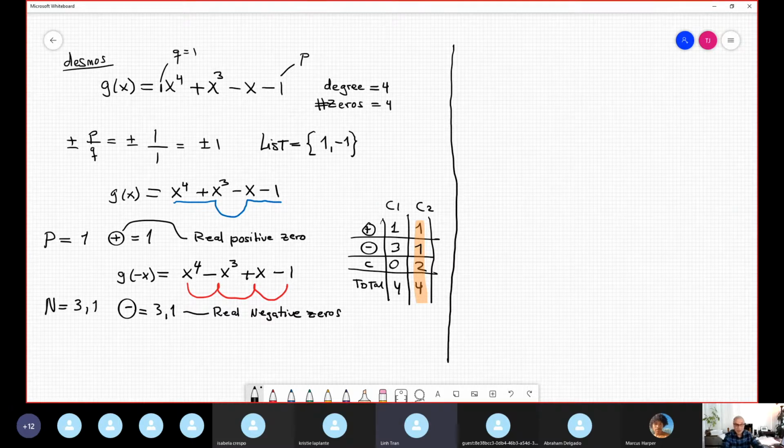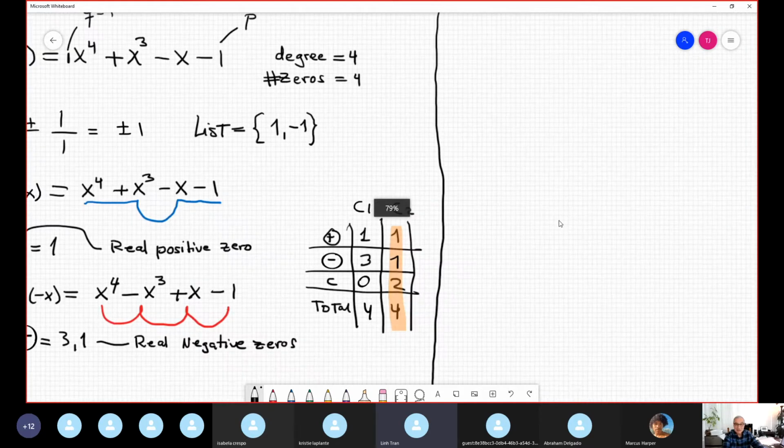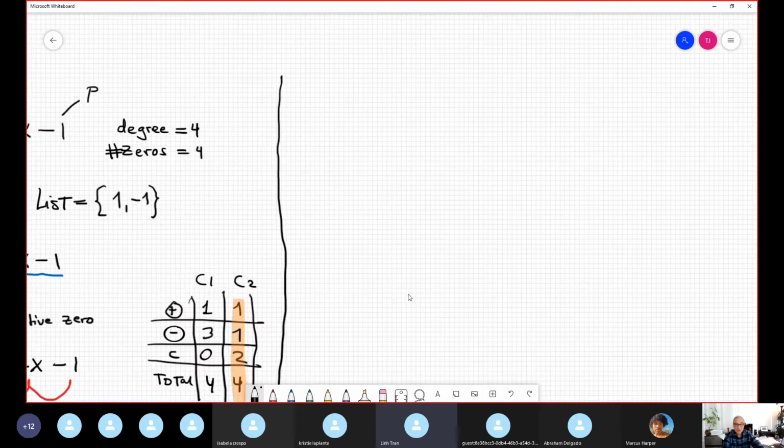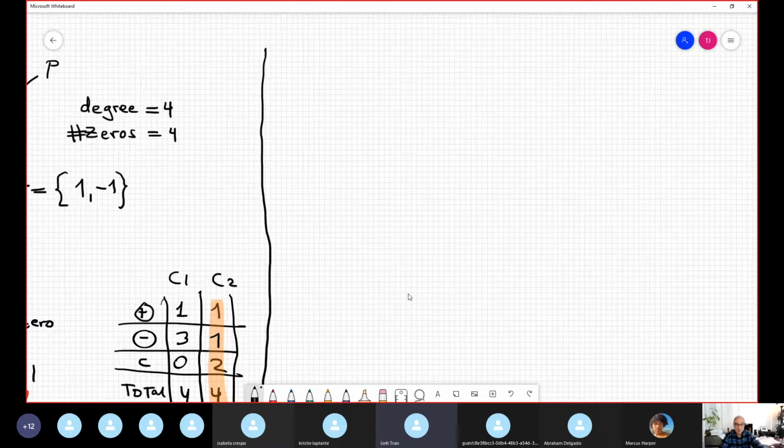Let me try to do my best in the synthetic division. Okay. We copy this symbol of the synthetic division. I copy the coefficients to not lose them. I put x to the 4th power.